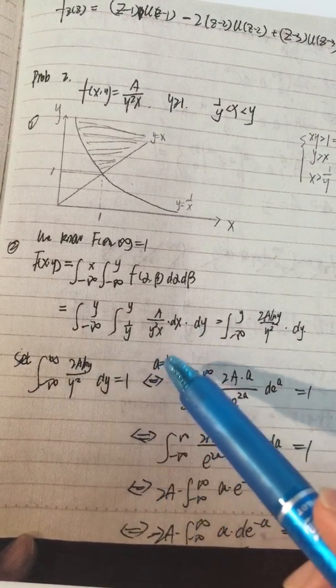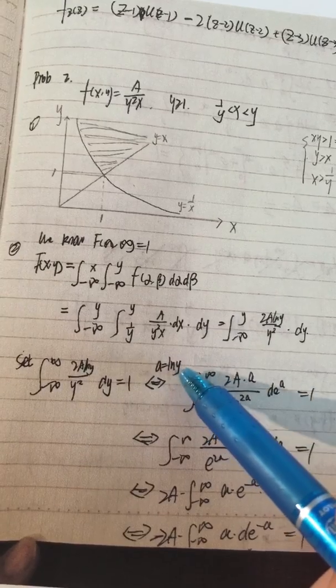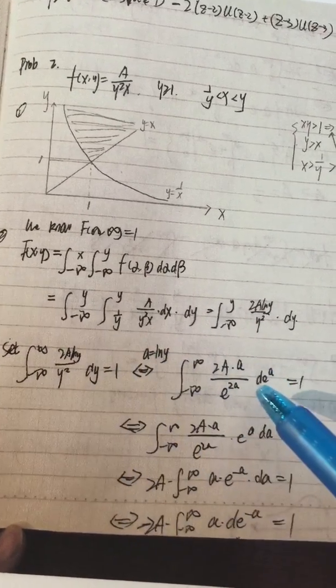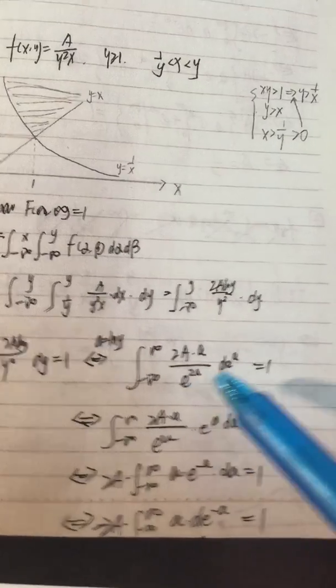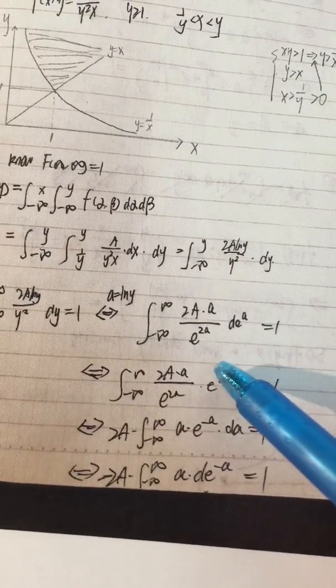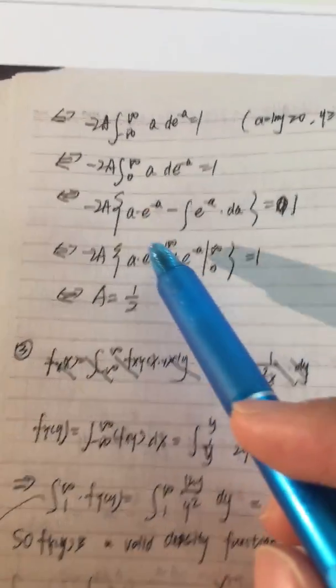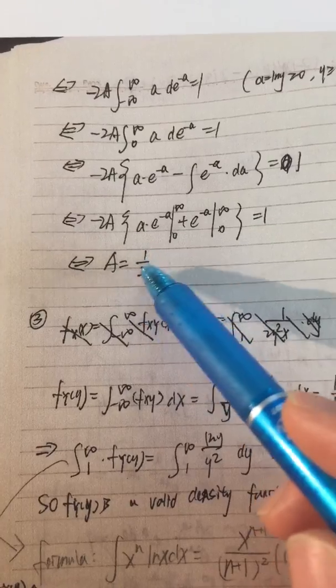So we let a equal to log y, and we can change the integral into this format. According to the calculation, we can easily get a equal to 1 over 2.